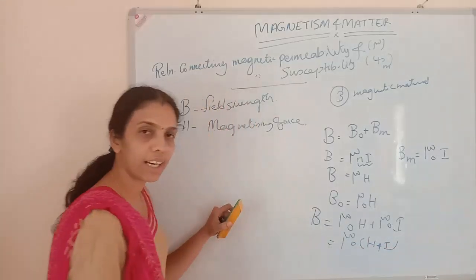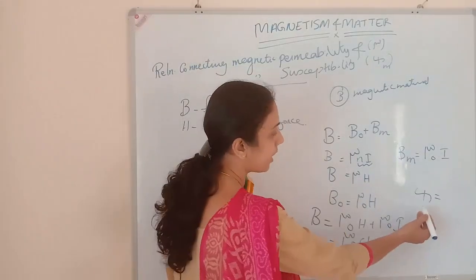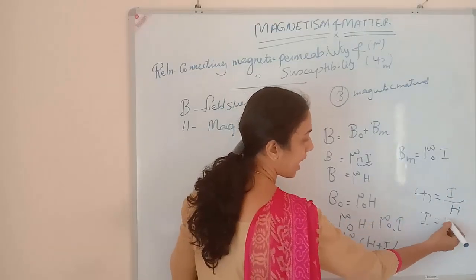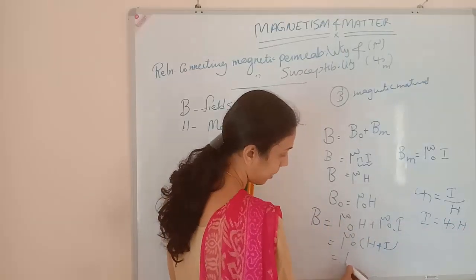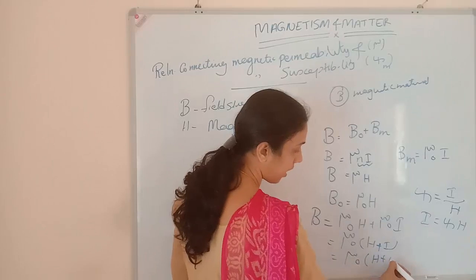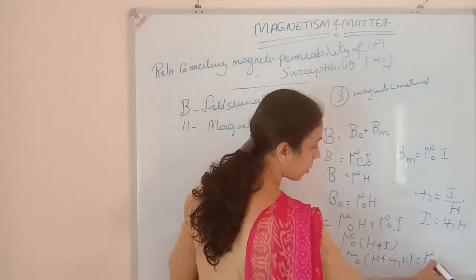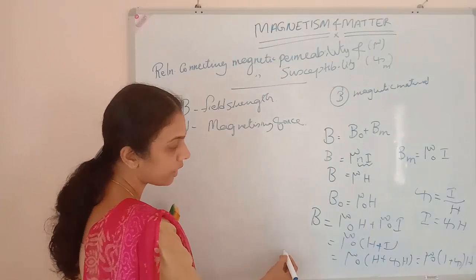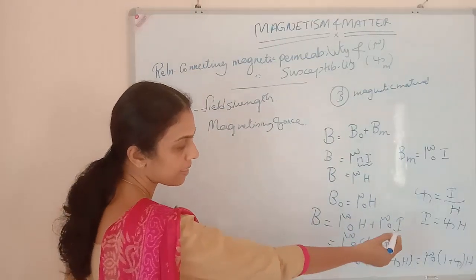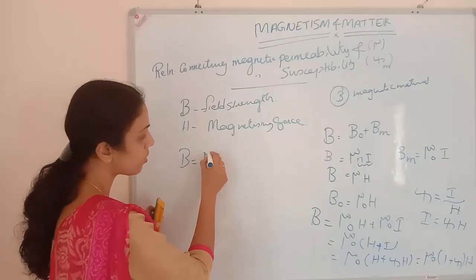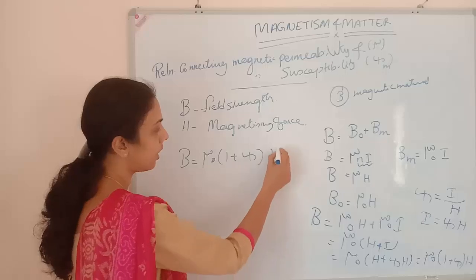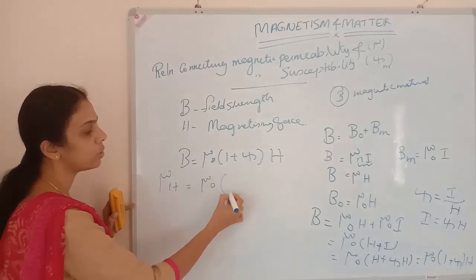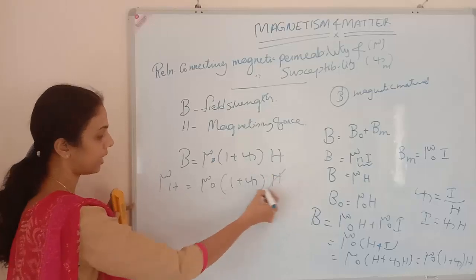Now we have a relation connecting chi and I: chi equals I by H. From there we can write I equals chi into H. Therefore, mu 0 into H plus, instead of I, we write chi H. So B equals mu 0 into 1 plus chi into H. But we know B equals mu H. So mu H equals mu 0 into 1 plus chi into H. H and H get cancelled.